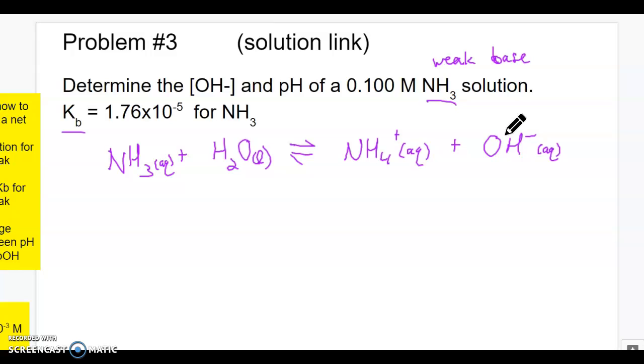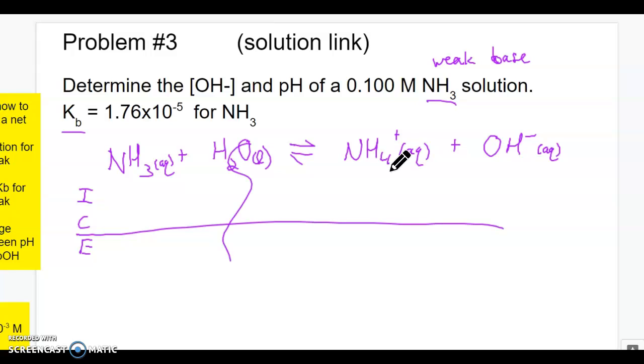That's cool. But here's our net ionic equation, and that's what we start with. Then, no stoichiometry, but here we need to do an ice table, because in order to figure out OH minus concentration, we know this concentration to begin with, and it's going to be in equilibrium eventually. So we'll set up our ice table. We're not going to worry about water because that doesn't show up in equilibrium expressions.